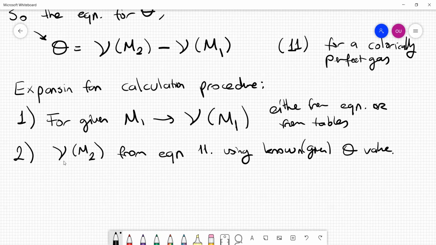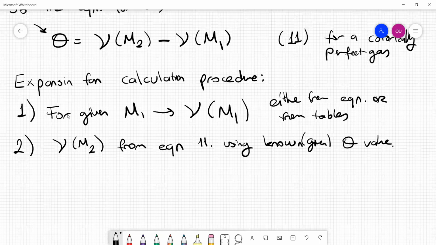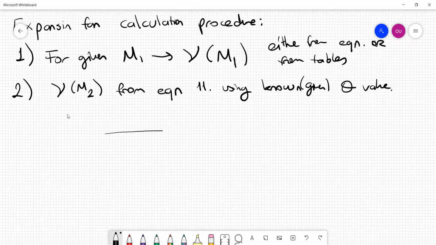Because if you remember our original problem, we have a certain geometry like that, and the supersonic flow goes through this expansion fan because of this sudden direction change, and this direction change occurs here with an angle theta. So this theta value, the rotation value, will be used in order to obtain the new M2 value.